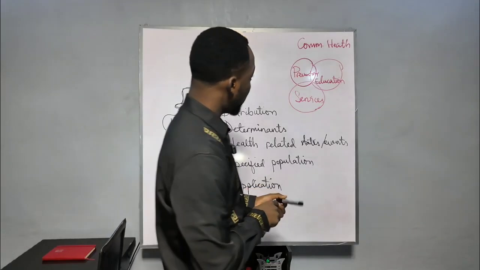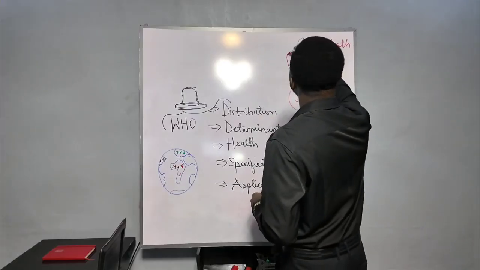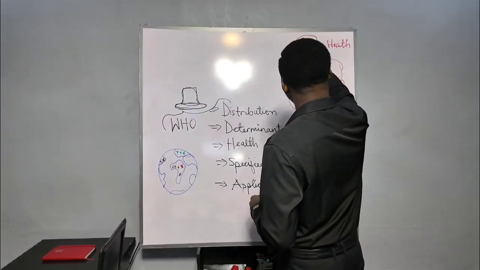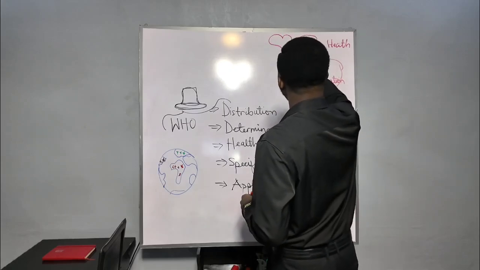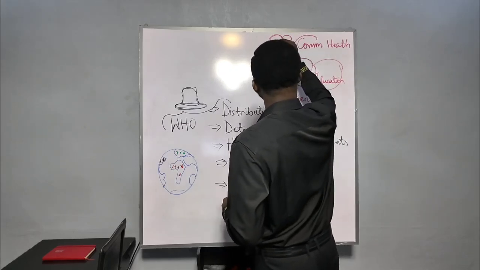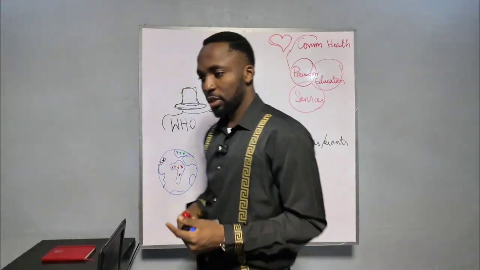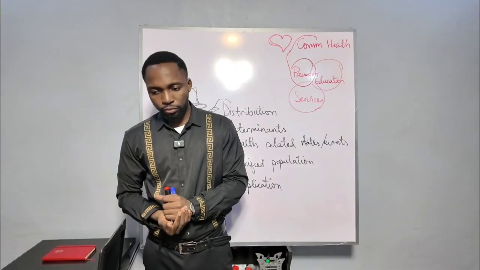Whereas com health entails all that is done to maintain adequate health. The measures that are taken to maintain adequate health. So that's epidemiology and com health.